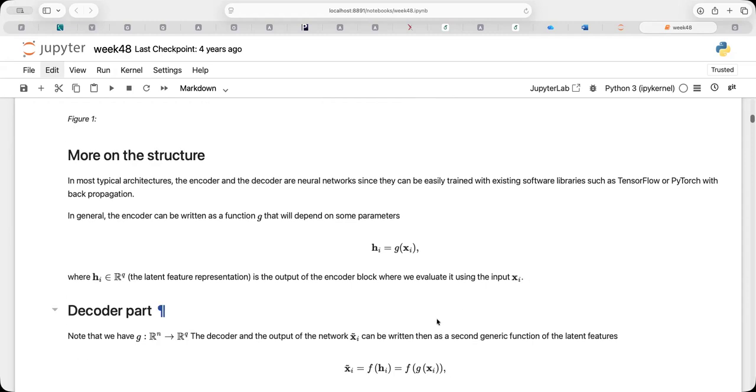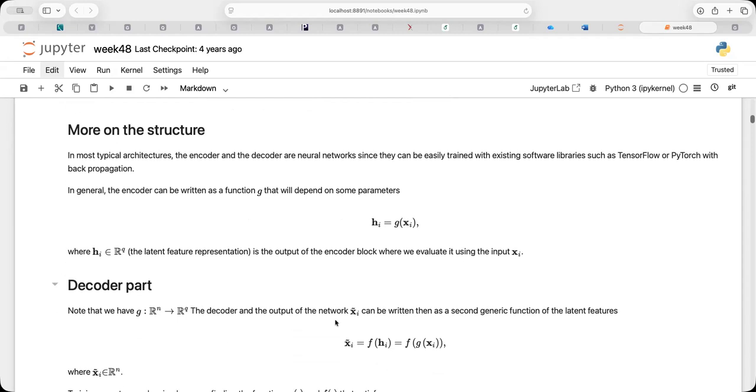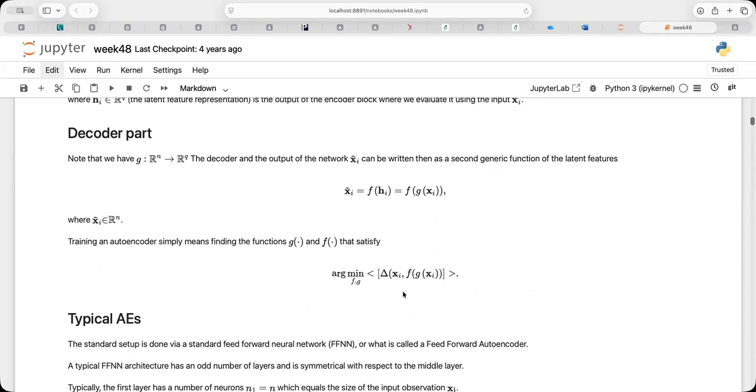And then there's a decoder part, which takes as input the output from the latent space and reconstructs your function. What you end up with is an optimization problem where you're trying to find the difference between the input, x, and what is being outputted from your function. And then you minimize over the parameters f and g.